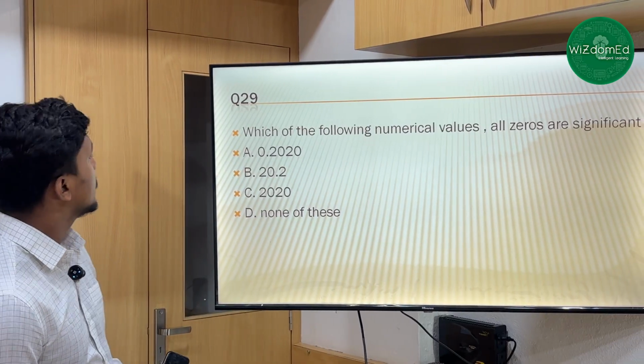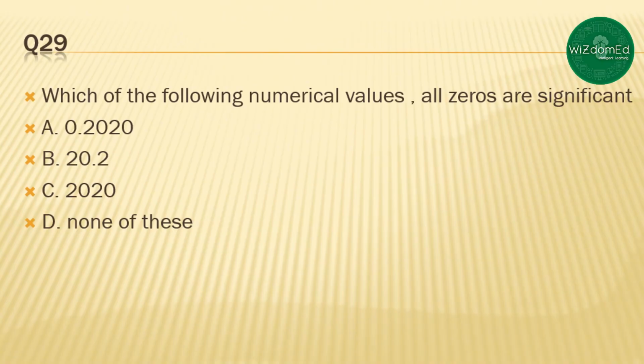If we go on, which of the following numerical values has all the zeros significant? In the first number, 0.2020, only 2 zeros are significant, not all the zeros, because the zero preceding the point is not significant.